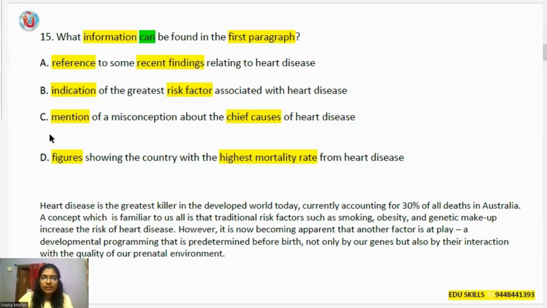Next, answer option C, mention of a misconception about the chief causes of heart disease. The keywords are mention and chief causes. Next, answer option D, figures showing the country with the highest mortality rate from heart disease. The keywords are figures and highest mortality rate.